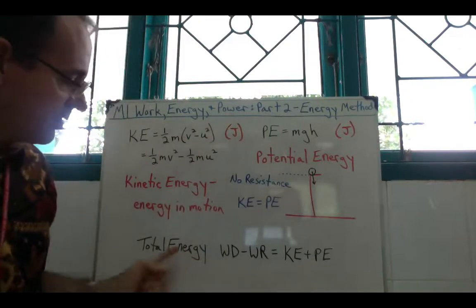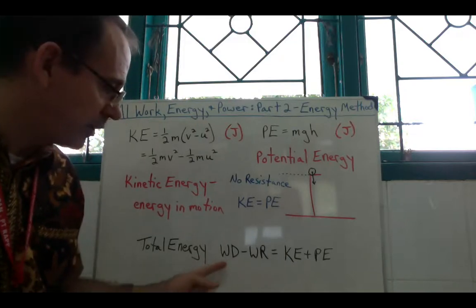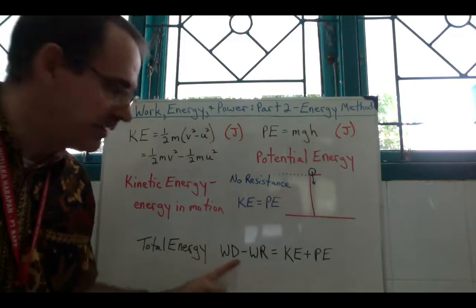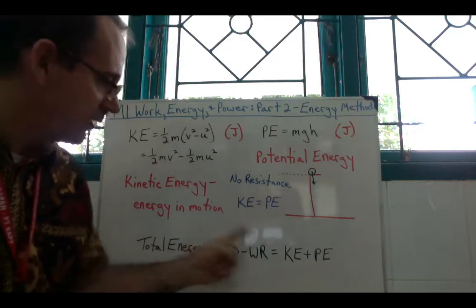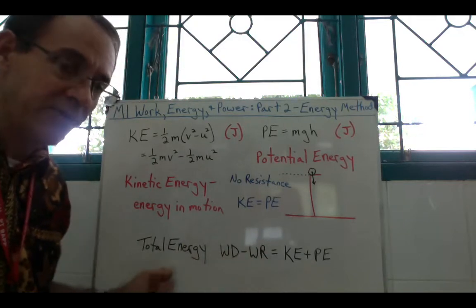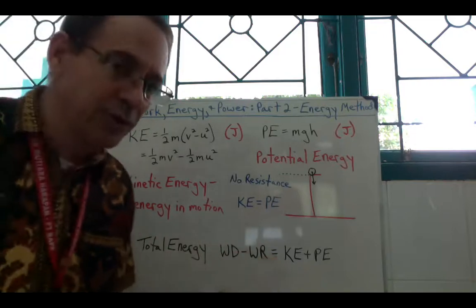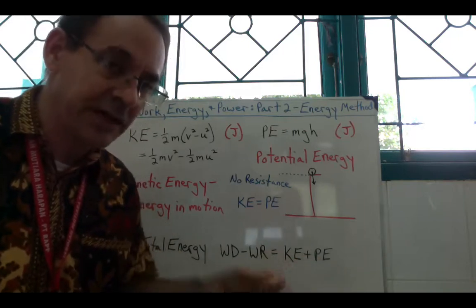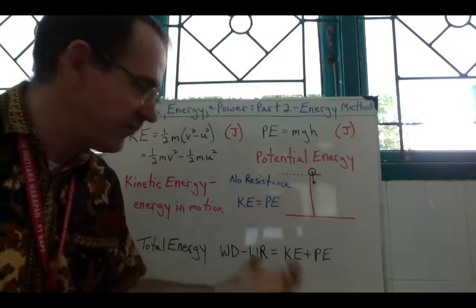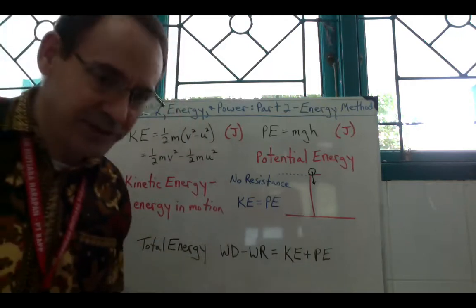So we can take the total energy found from work, that is the work from our driving force, minus the work done against resistance. That would be the total energy from a work point of view, will be equal to the kinetic energy plus the potential energy, or in other words, the total energy from the energy point of view. So you can set those equal to each other.